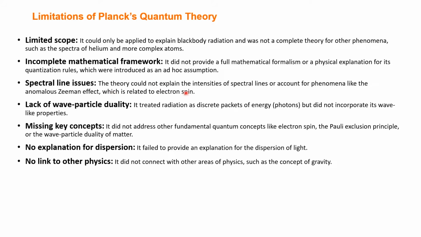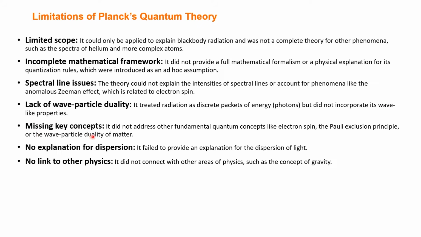Then, the spectral lines issue. The theory could not explain the intensities of spectral lines or account for phenomena like the anomalous Zeeman effect, which is related to electron spin. It also lacks wave particle duality. It treated radiation as discrete packets of energy, or photons, but did not incorporate its wave-like properties.